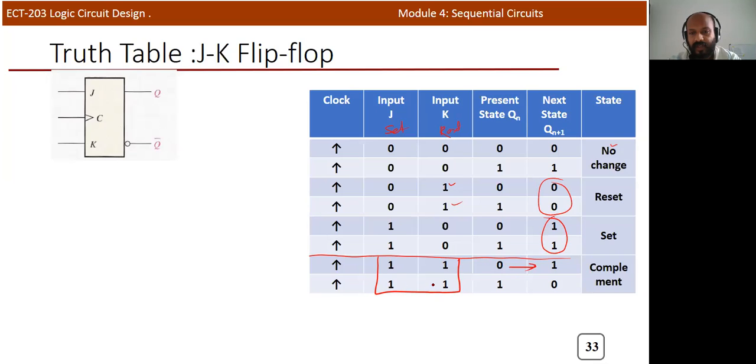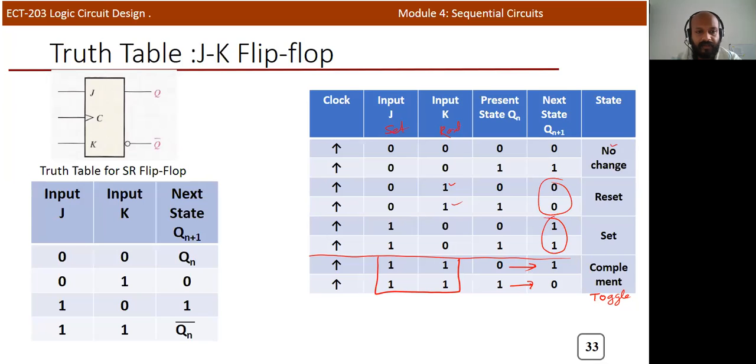And when the JK inputs are 1 1 and the present state is 1, next state will be 0. So you can see that the output is a complement, or we can call it a toggle output. So in the case of JK flip-flops, the last possibility is a valid one. 1 1 is the toggle case.